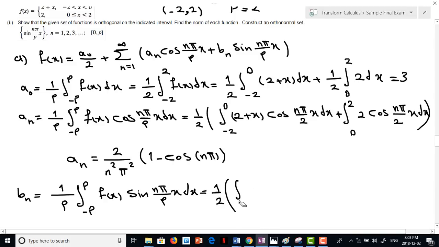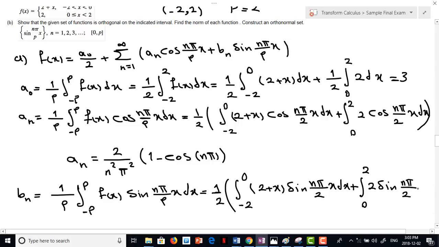So integral from minus 2 to 0, 2 plus x is f(x), sine n pi over 2 x dx, plus the integral from 0 to 2. f(x) is equal to 2, so sine n pi over 2 x dx.